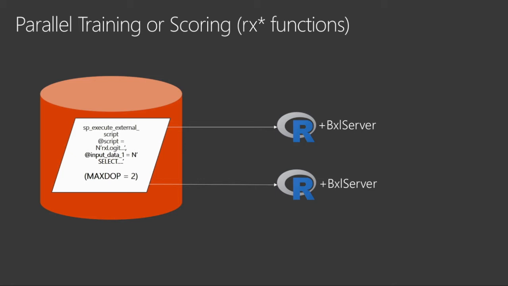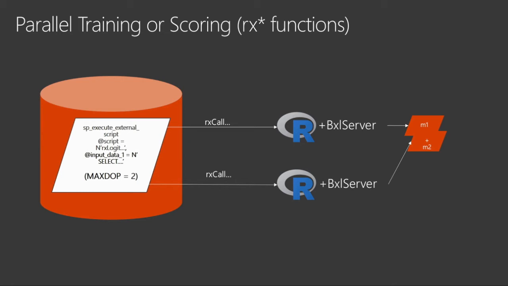This BXL server which you see here is the Microsoft implementation of many of these algorithms, which can run in parallel. Now SQL sends the results, and each process is going to build a fragment of the model. Each one is computing some results. It could be linear regression, it could be decision tree, whatever, right?